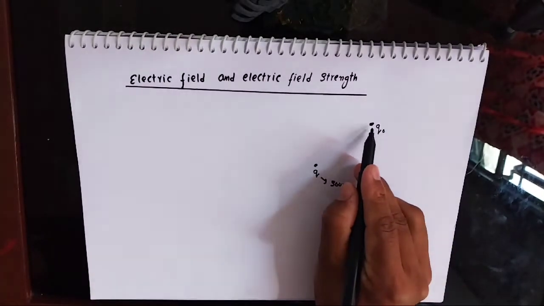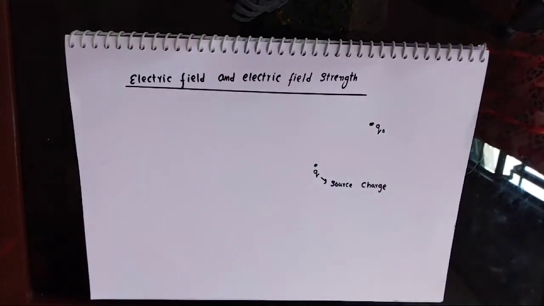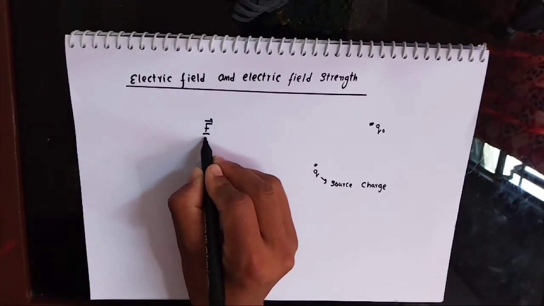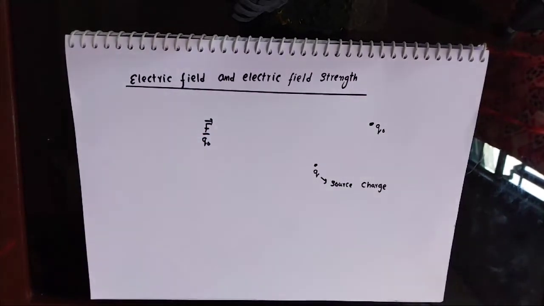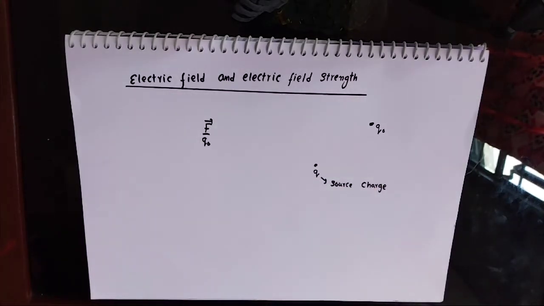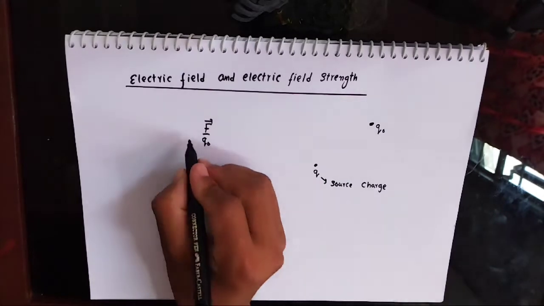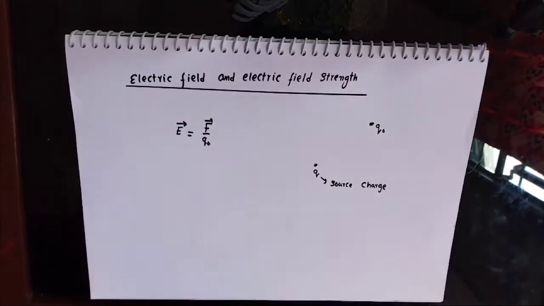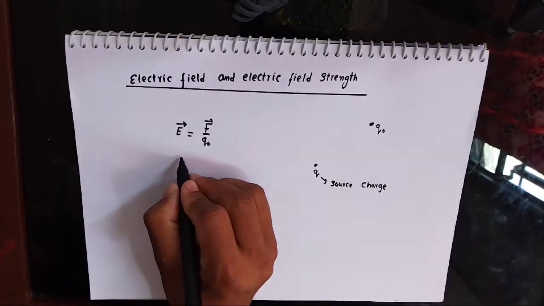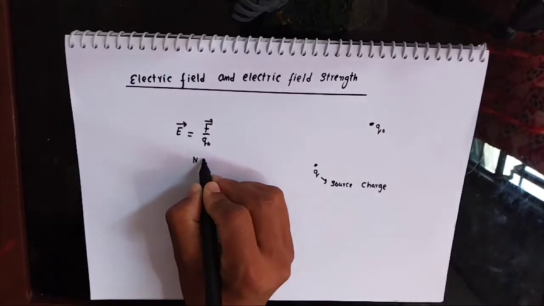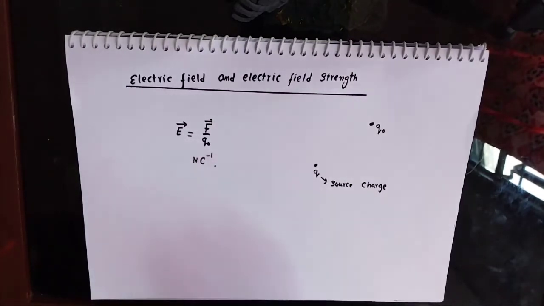This charge will experience a force, and the force acting per unit test charge is nothing but the electric field strength at that point. It is denoted by the symbol E. So clearly, the SI unit of electric field strength is Newton per Coulomb.